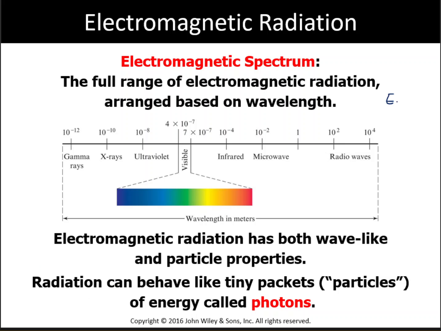Energy is hc over lambda. h is Planck's constant, c is the speed of light, and lambda is wavelength. As you see here, energy and wavelength are inversely related. The smaller the wavelength, the higher the energy.